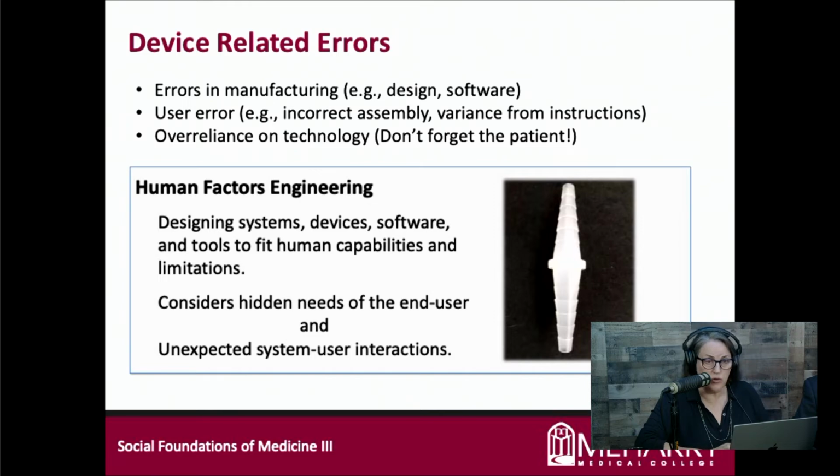The particular item you're looking at on the screen is a universal connector. As you see, you could connect things of all sizes, which seems like it would be really great. I could use it to connect small oxygen tubing, or a big tube like a chest tube, or hook it up to suction.